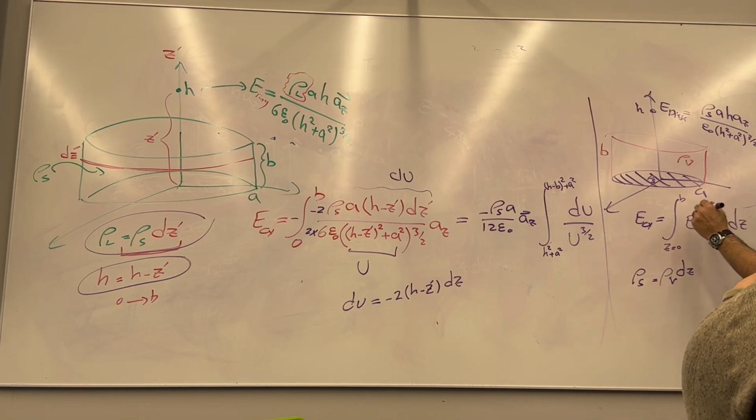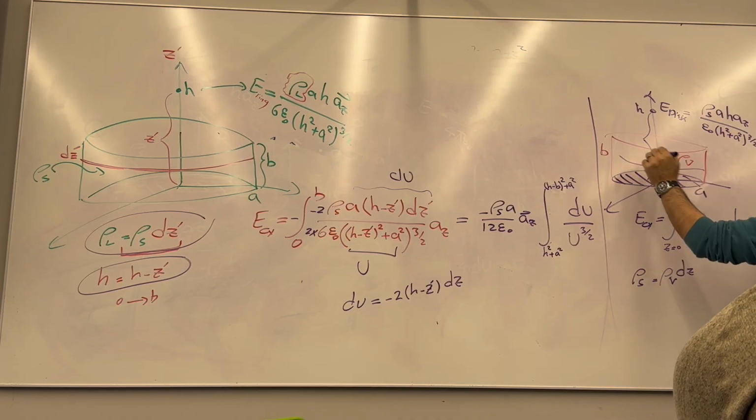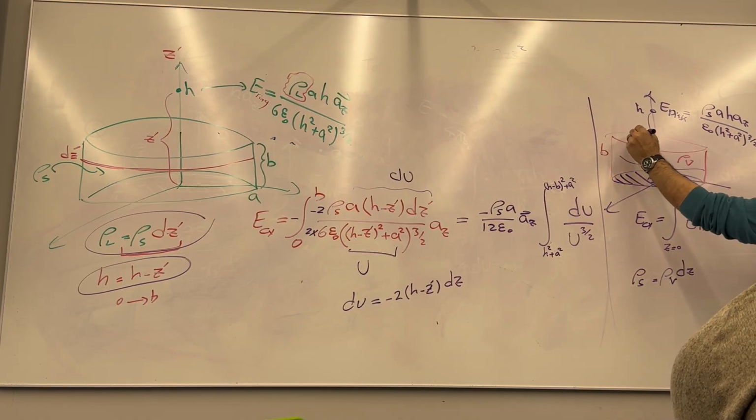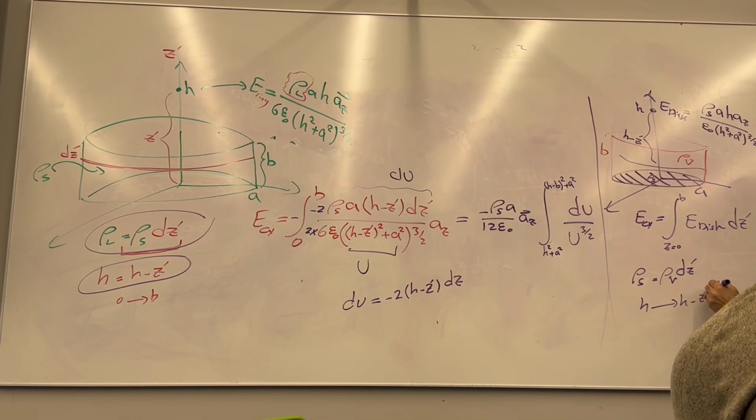And always we need to find the distance of each slice to this. This is going to be h minus z prime. Let's call it z prime everywhere. Then h is going to be converted to h minus z. So in this formula, everywhere you have h, it is converted.